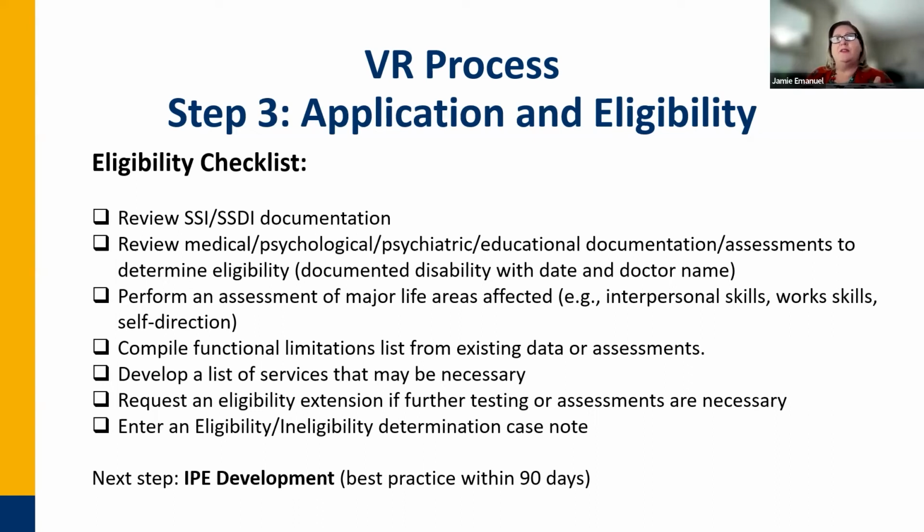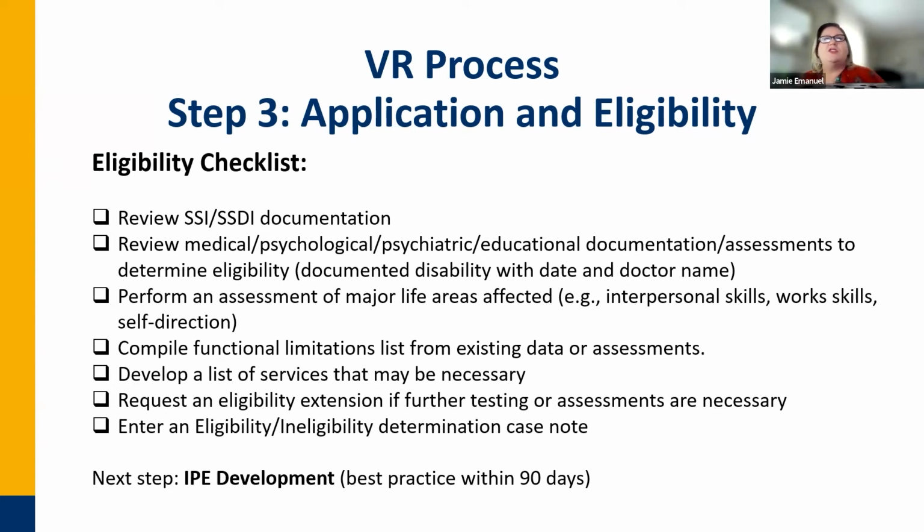Can you document some of these transferable work skills that they could possibly use in their employment goal? And also self-direction is a very good area to look at when you're performing any type of assessments. You want to see if the individual is capable of self-direction and self-determination.